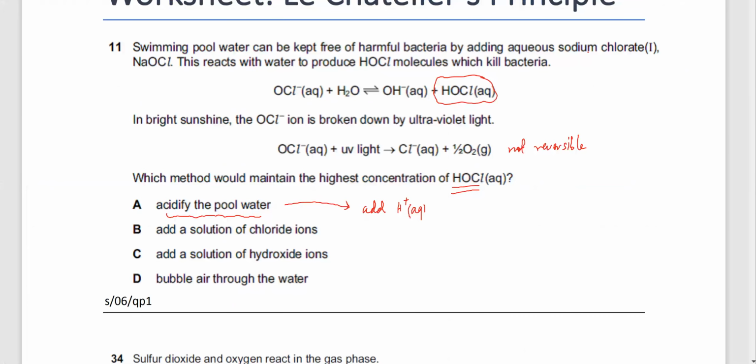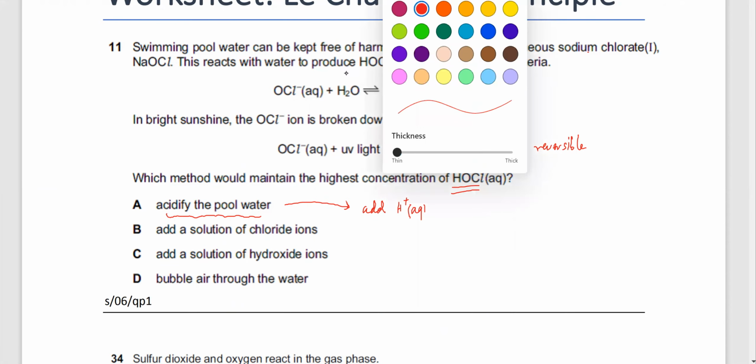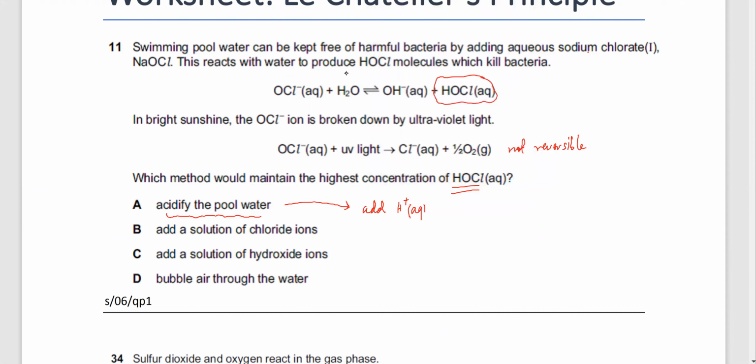So if we go back, you're adding H+ ions. Now the thing with H+ ions is that they are going to affect this equilibrium. The way they're going to affect the equilibrium is that H+ ions tend to neutralize OH- ions and they end up producing water molecules.